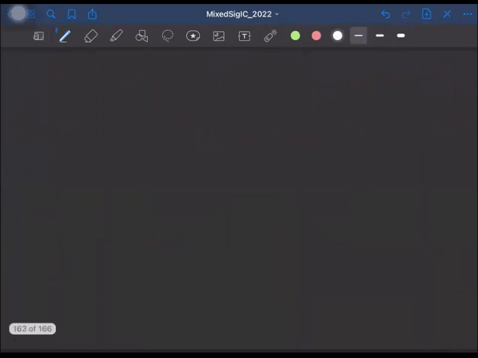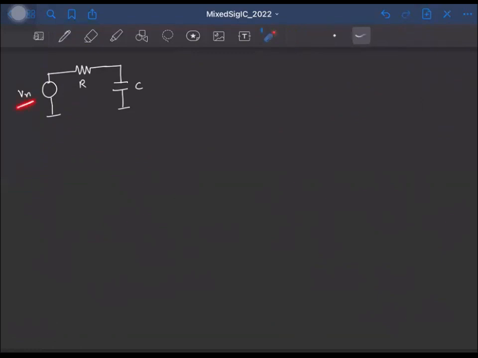Okay, so we have this circuit Vn, R, and C. We know that the power spectral density of Vn is 4kTR, the single-sided power spectral density. And this is going to a filter. This can be thought of as a filter, right? And what is the transfer function of this filter?